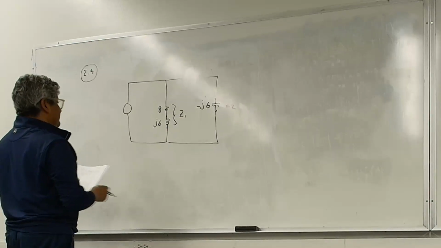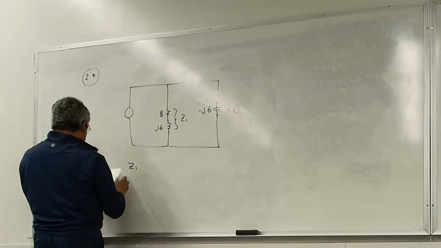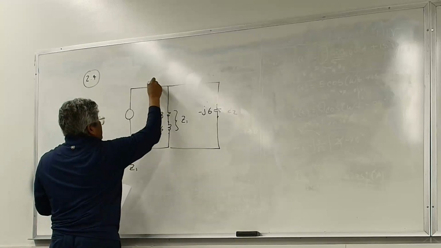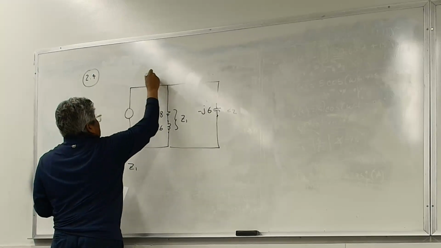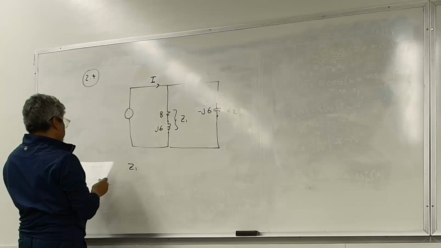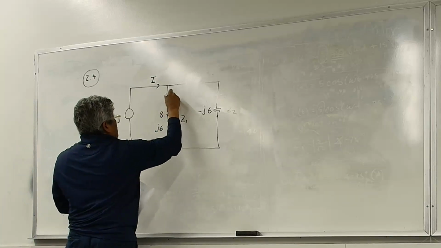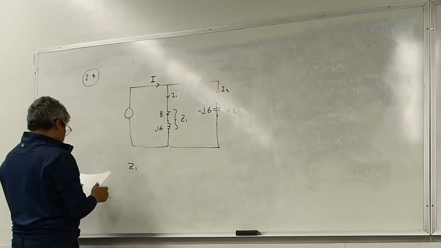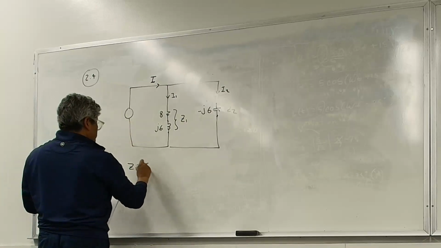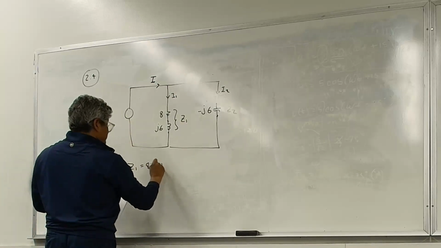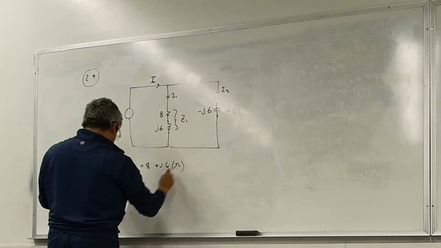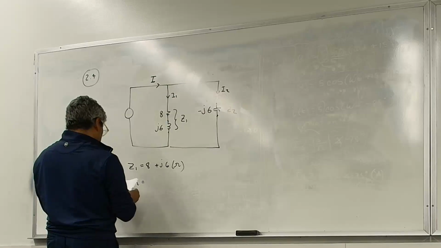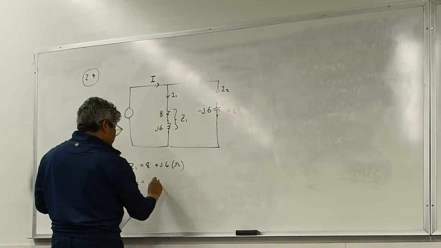So in this one, that's what they do. They tell us that Z1 is equal to 8 plus j6 ohms, and Z2 is equal to minus j6 ohms.